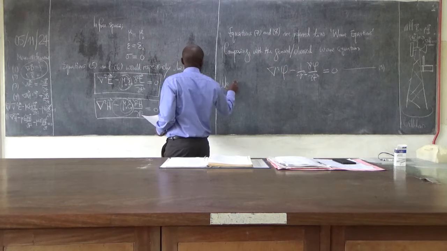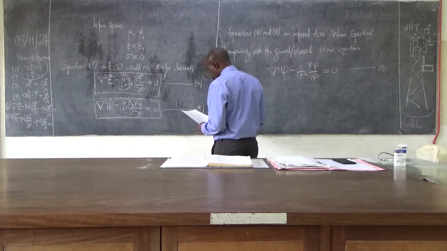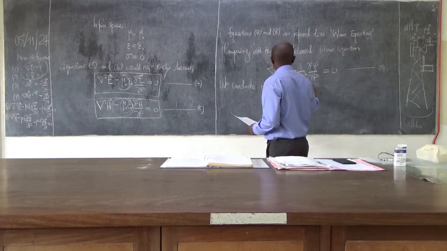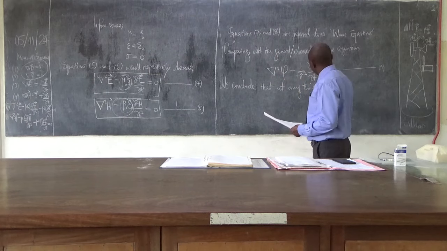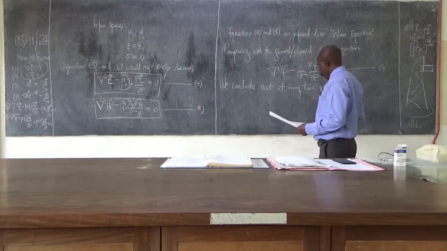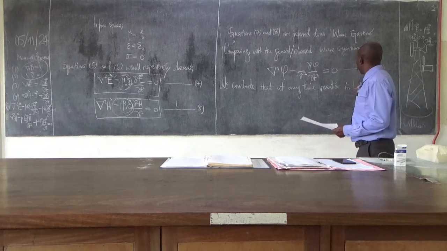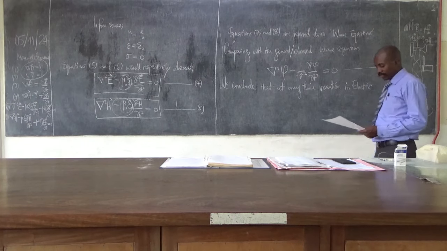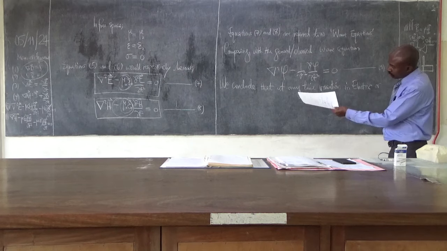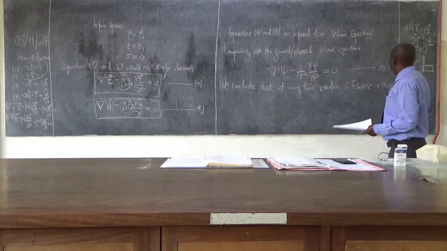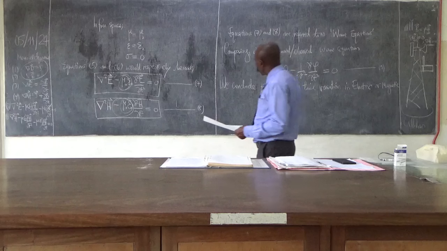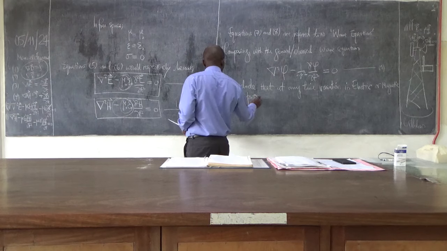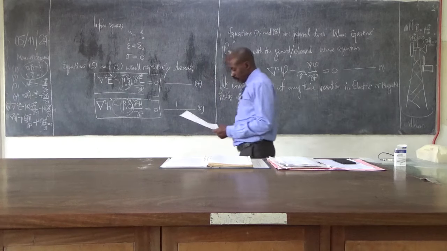So we conclude that at any time, that is valid in electric, that is the ∂²E/∂t², the time variation, or magnetic, the ∂²H/∂t², fields are propagated with the same speed.